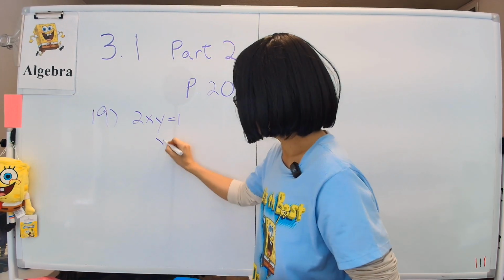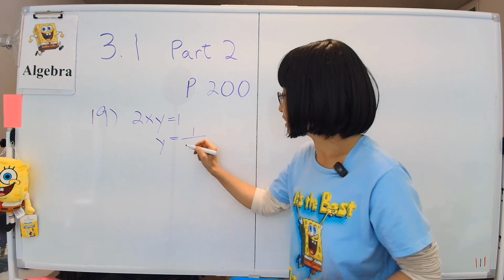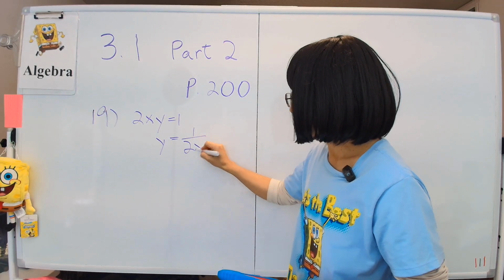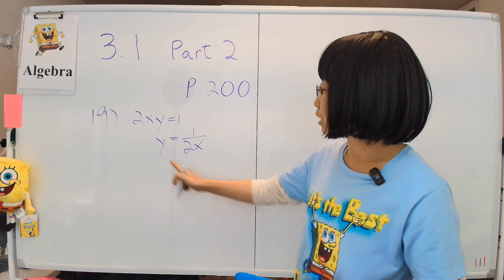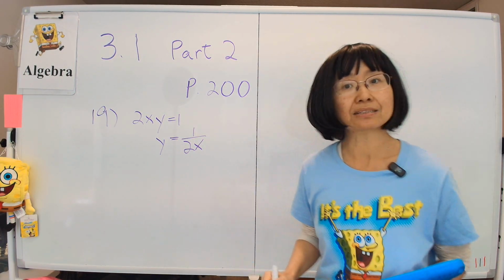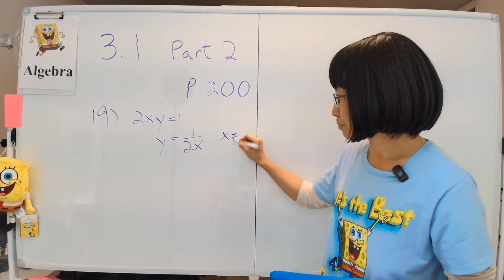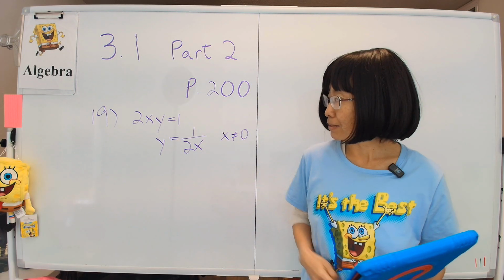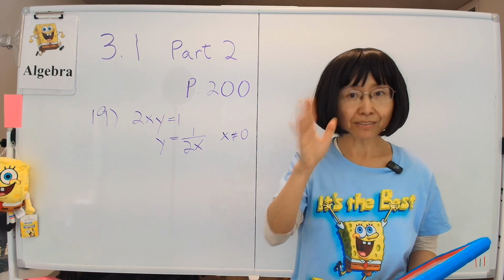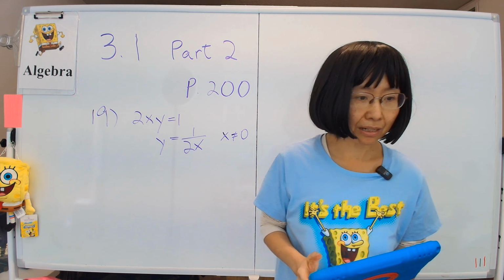So then we can just push the 2x across the equal sign, down the division line to the bottom. So y equal to 1 over 2x. That is a function. Now, with the condition that x cannot be 0. As always, whenever you divide by something, x is defined as not 0. So that's that.